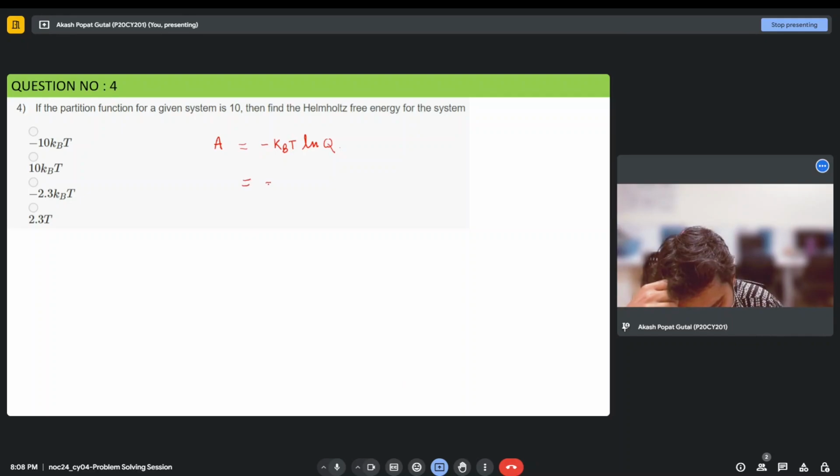The partition function is 10, so it will give you minus kBT natural log of 10. And you know what the natural log of 10 is? 2.303, nothing but 2.3, let's say. So the answer should be minus 2.3 kBT. Option number 3.